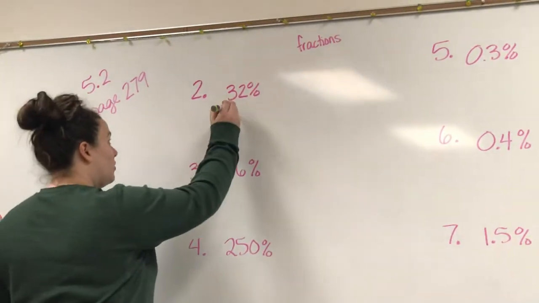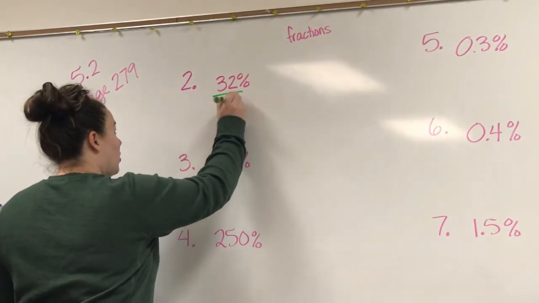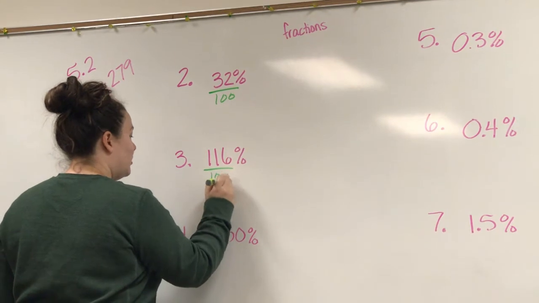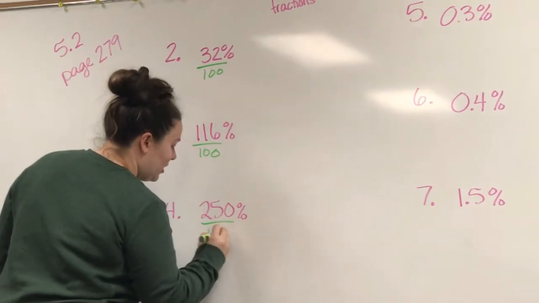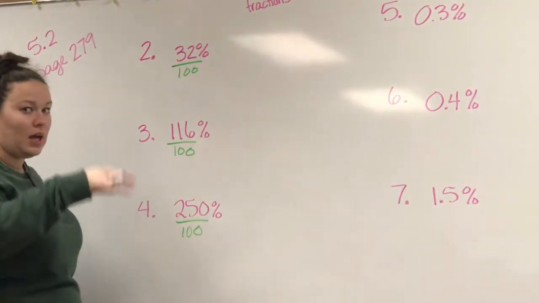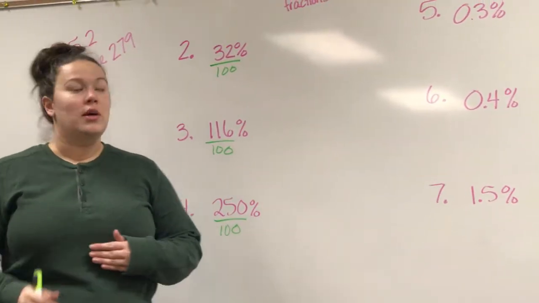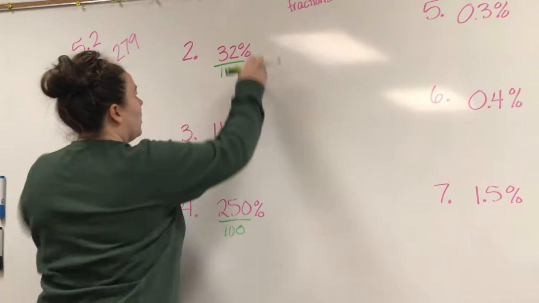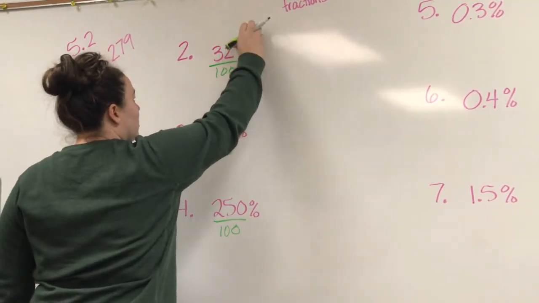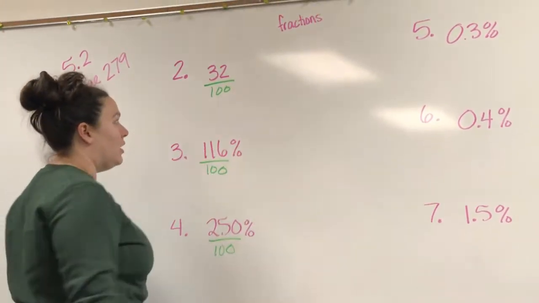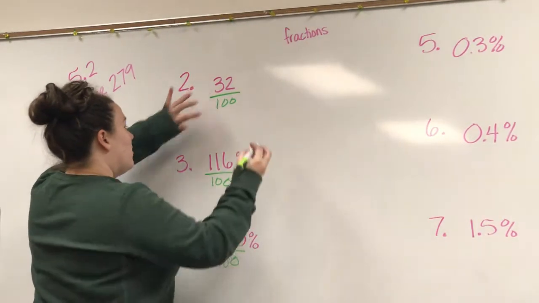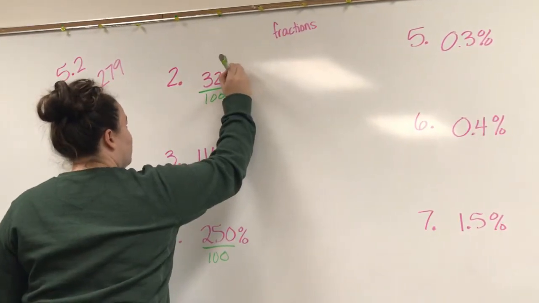So on all of these, we're just going to put 100, 100, 100, so on and so forth, on all of them. But then you do have to reduce, okay? So I'm going to erase the percent sign just to make it a little bit cleaner. Both of these numbers are even, so I can divide by 2.